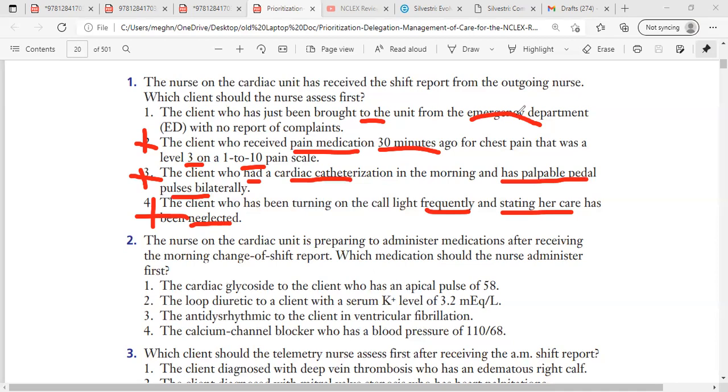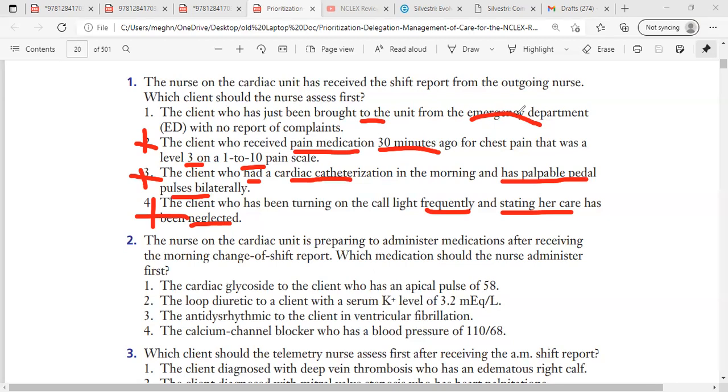The patient came from the ED and may have no complaint at this time, but the nurse must assess this client first to determine whatever complaint brought the client to the emergency department and whether it has stabilized.